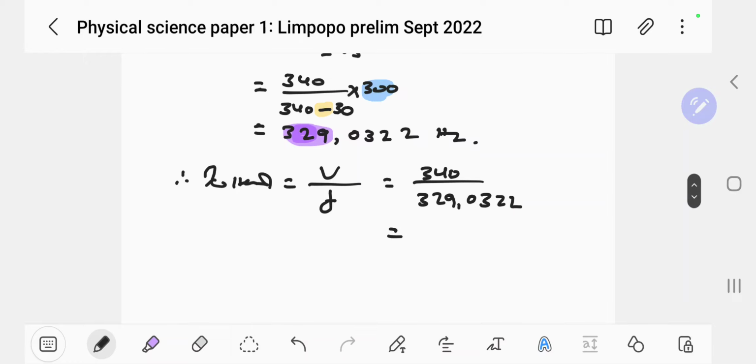We quickly do that, 340 divided by 329.0322, and we get a wavelength of 1.03 meters. The frequency was an intermediate step, so you can leave it with more decimals, but the final answer can be given to 2 decimal places. It's up to you when they say this or more.